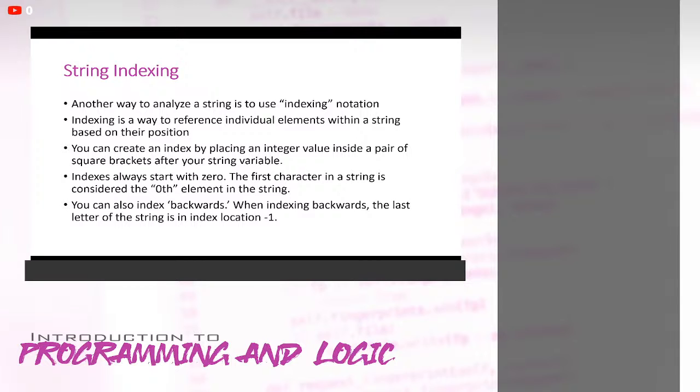And then we were able to pick out a particular letter out of the inside of that string by using our index location. Indexes always start with 0, right? So that very first character, when we're counting in the positive direction, is always going to be 0, and it's always going to start with 0.